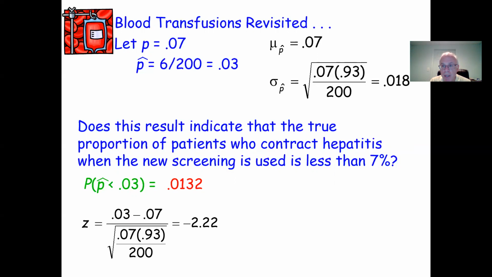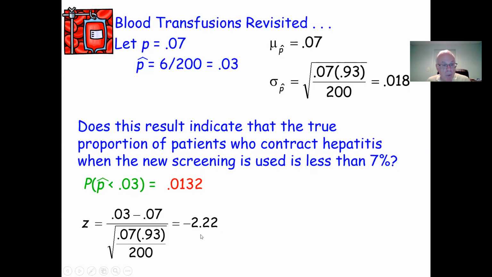So if you did this with your calculator, once again, normal CDF, lower limit negative 1,000, because it's a less than problem here, your upper limit is 0.03. Your mean is 0.07. Your standard deviation or standard error is 0.018. That's what you put in for the standard deviation. Then you hit enter, and you should get 0.0132. You won't need to convert it to Z like we did.